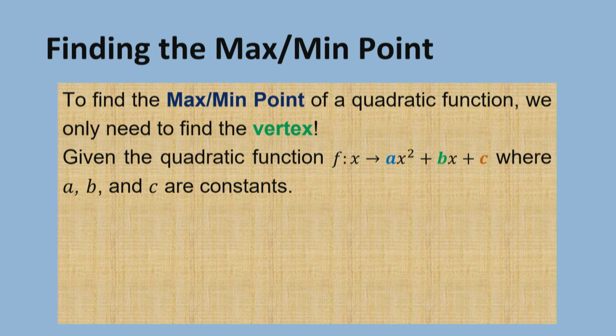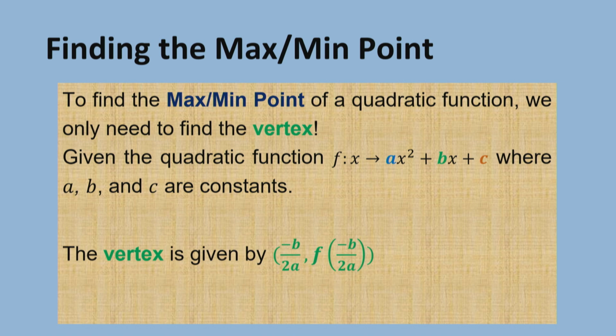Given the quadratic function f, which maps x onto ax² + bx + c, where a, b, and c are constants, the vertex is given by the x-coordinate, which is -b/(2a), and the y-coordinate, which is f(-b/(2a)). So if we need to find the maximum or the minimum point, we need to find the vertex, which is given by this formula.